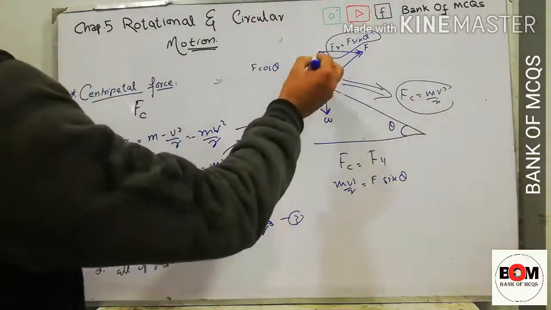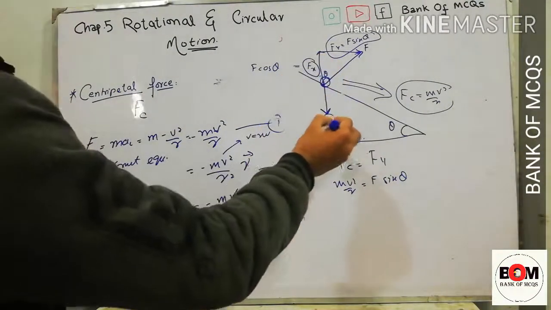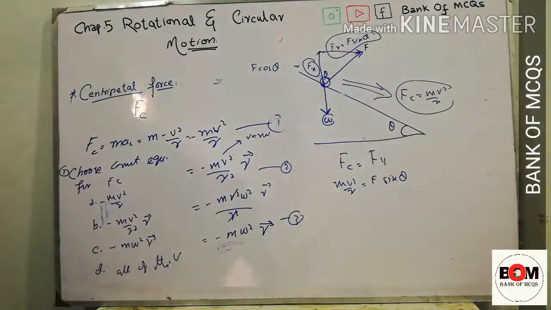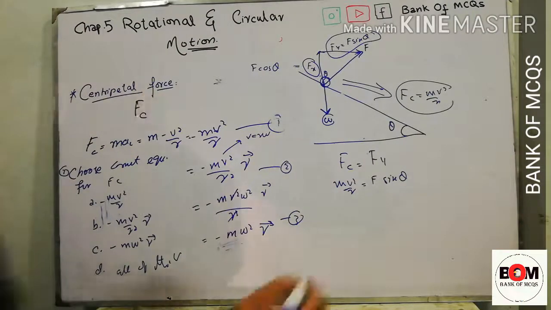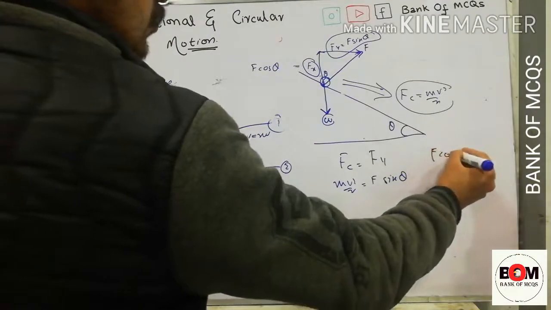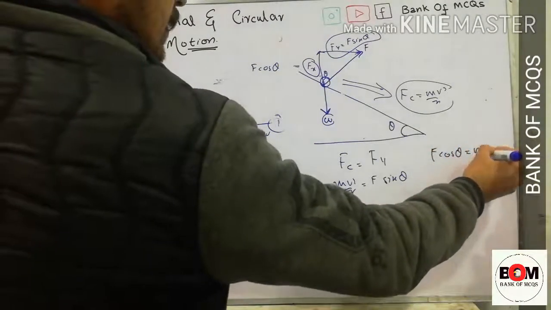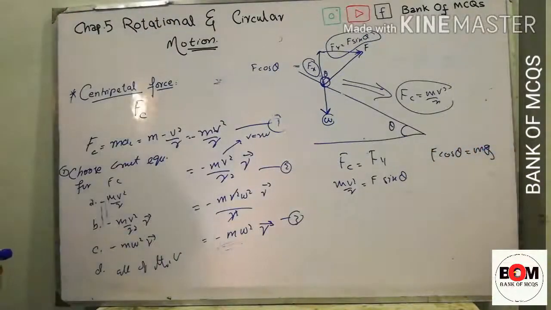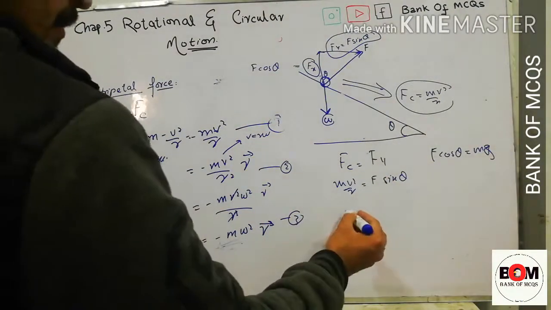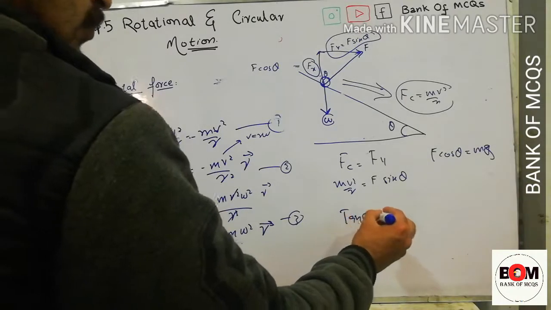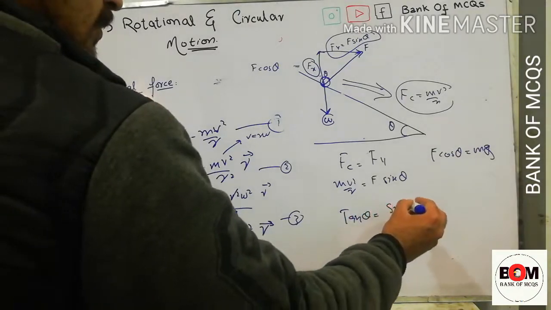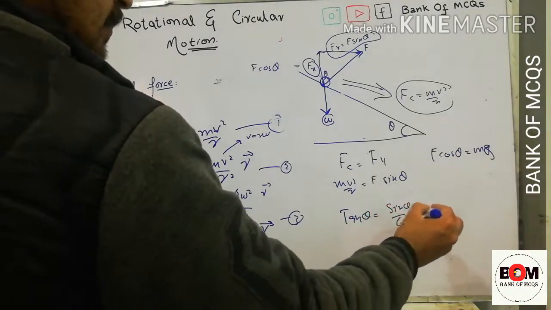Now we can see that Fx and W are opposite in direction, so they cancel the effect of each other, or we can also write that F cos theta is equal to mg. Now to find tangent theta, we know that tangent theta is equal to sin theta divided by cos theta.